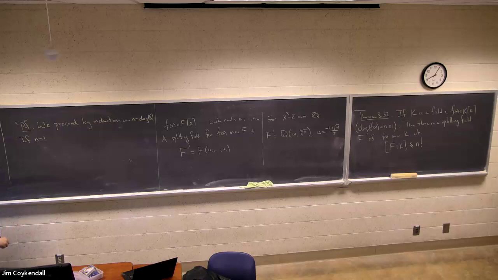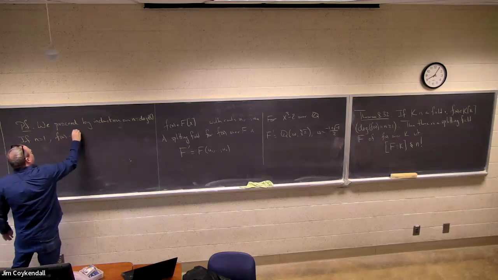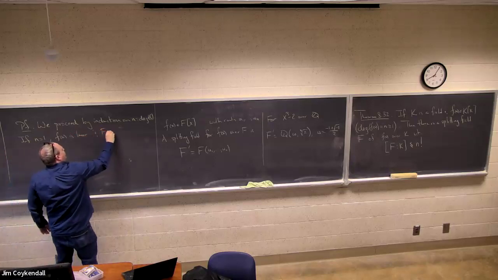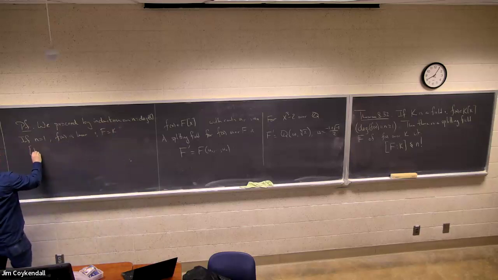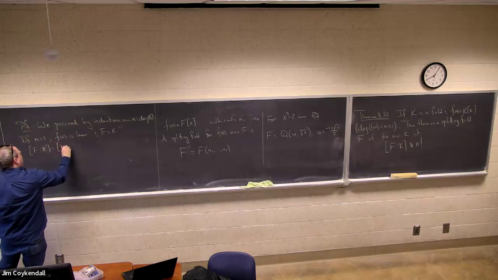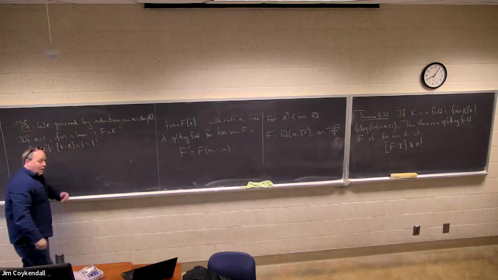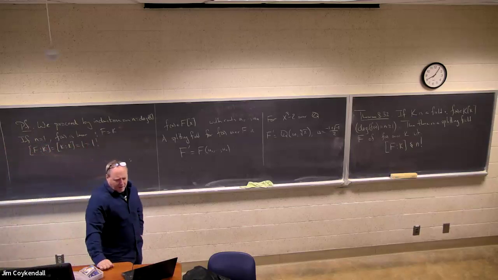Well, if n equals 1, then f of x is linear, and the splitting field equals K, and the degree of K over K is 1, which is 1 factorial. And so the linear case is no problem.